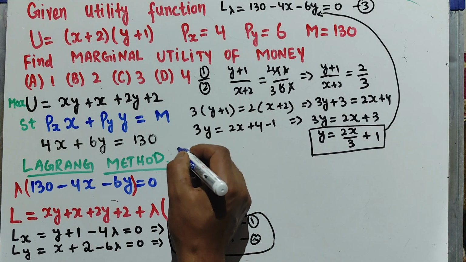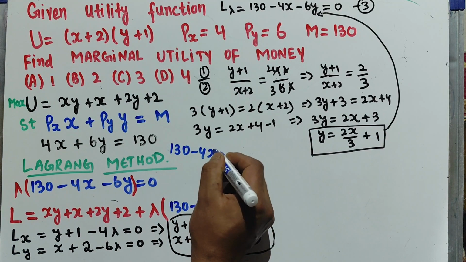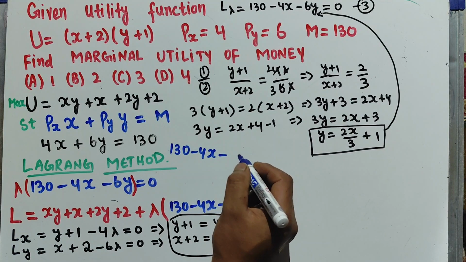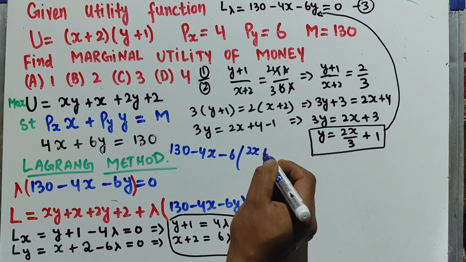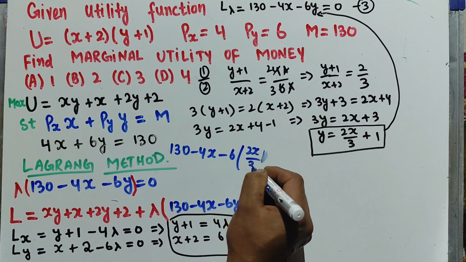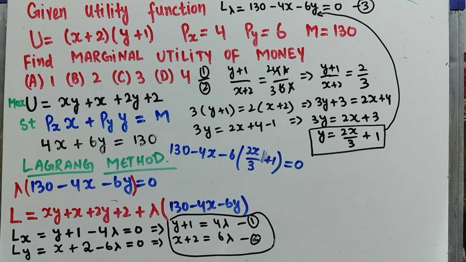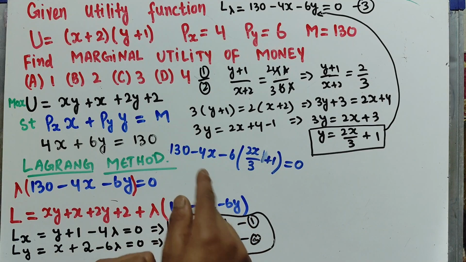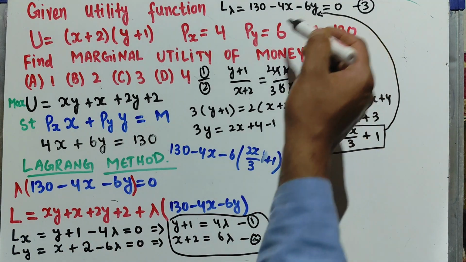So we have 130 minus 4x minus 6 times the value of y, which is 2x upon 3 plus 1, equal to 0. Or we can do one thing also to save time. We can also plug the value of y in the given budget constraint.